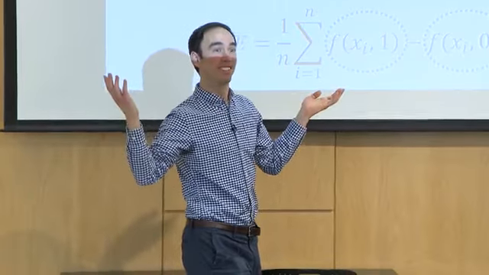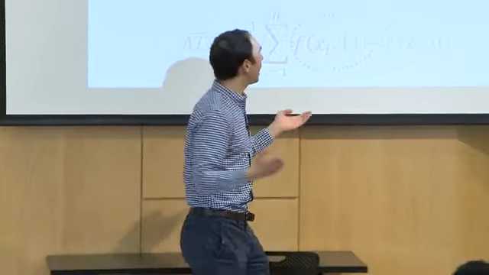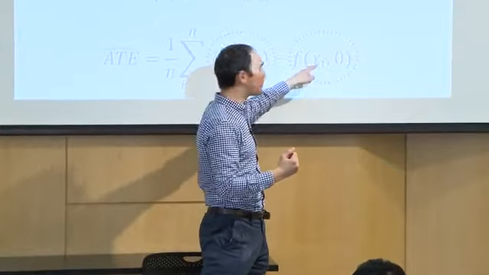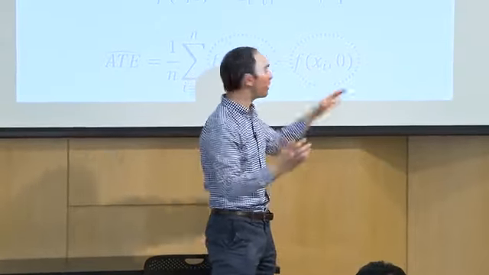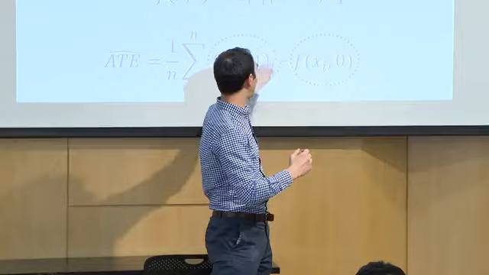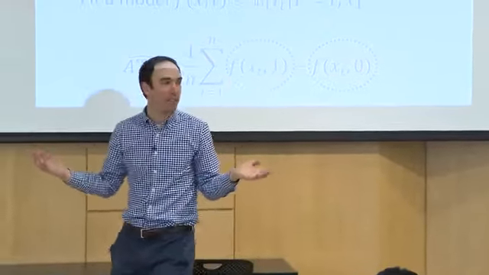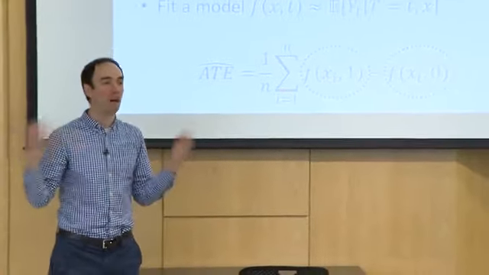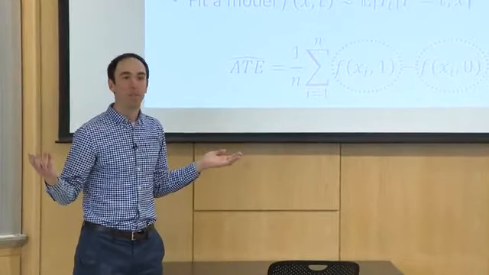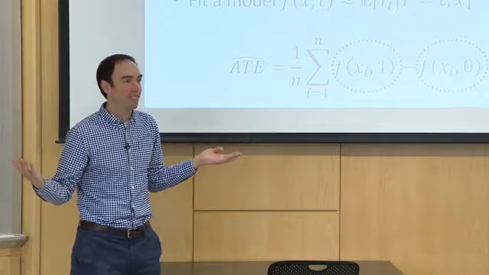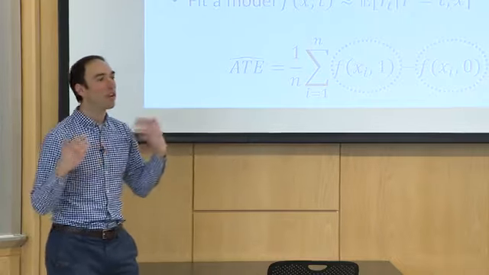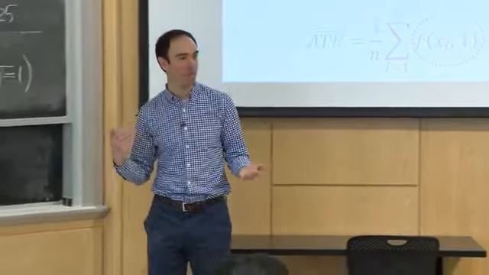Garbage? Right? If in your data set you never observed anyone even remotely similar to xi who received treatment 0, then this function is basically undefined for that individual. I mean, yeah, your function will output something because you fit it, but it's not going to be the right answer. Right? And so that's where this assumption starts to show up.